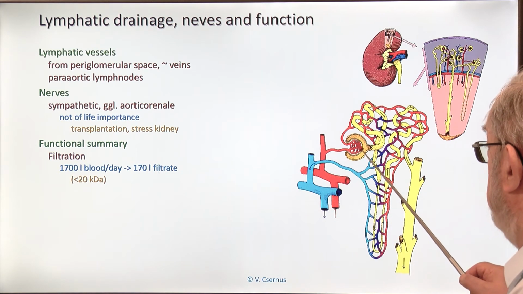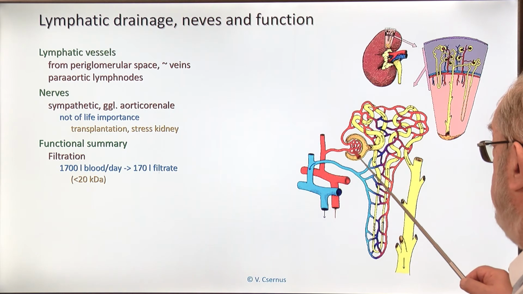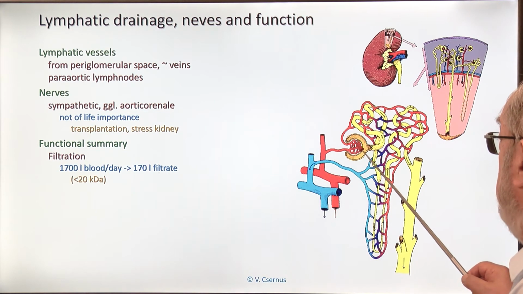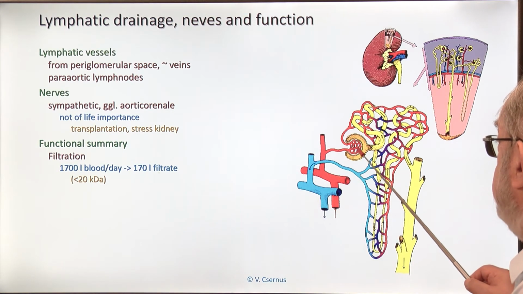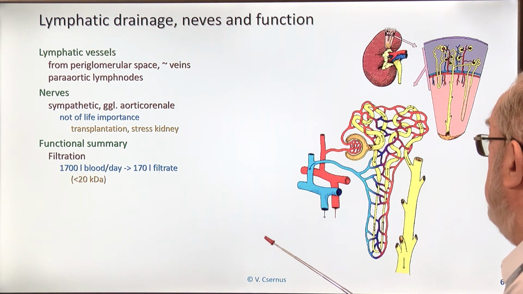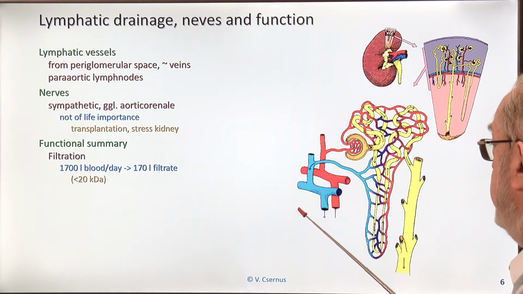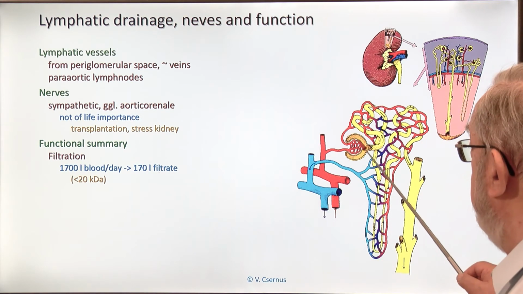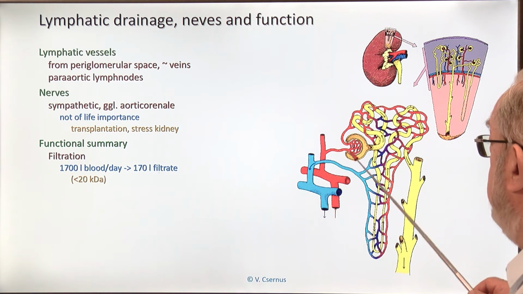You will see later on the most important component of the Malpighian corpuscle is a basement membrane. This is the filter, which lets all the molecules pass through which are lower than approximately 20 kilodalton. This is an important piece of data. So anything smaller than that will appear in the filtrate.